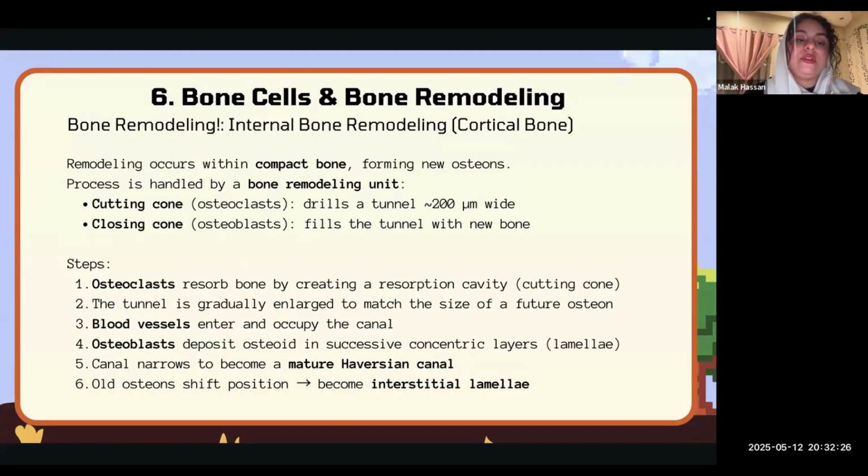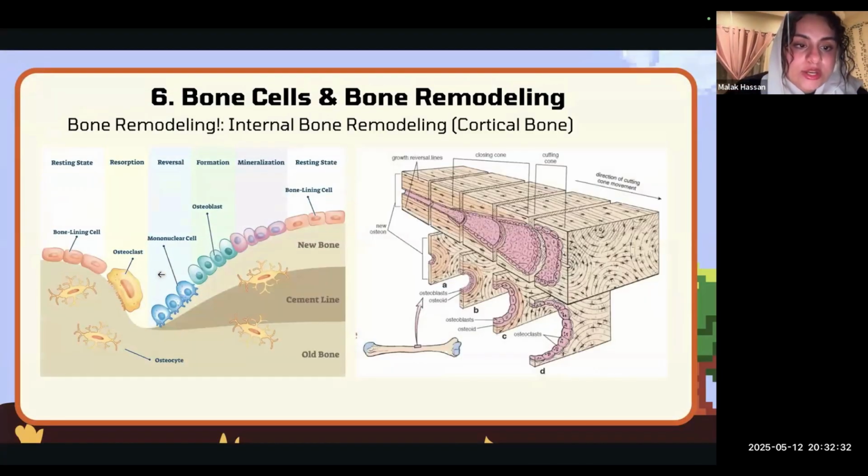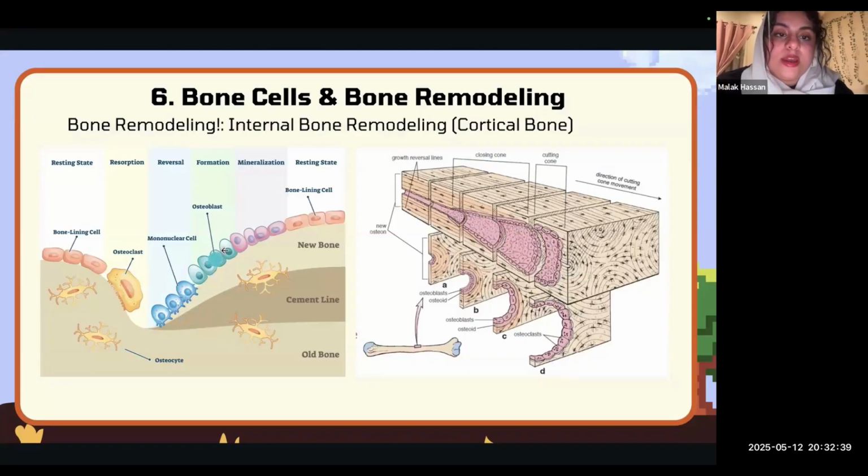So the osteoclasts are going to, well, actually, let's go to the picture. Here, you have the osteoclasts. They're going to go in and chew up the bone. And then the osteoblasts are going to come in after and form the bone. The bone is going to mineralize and form new bone.